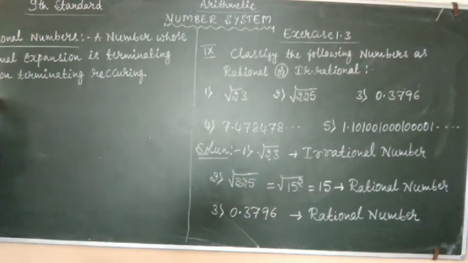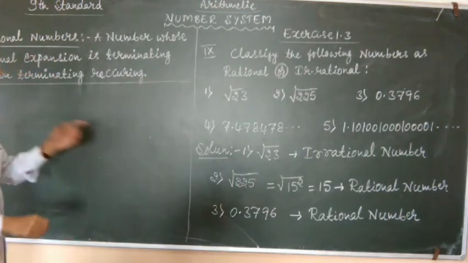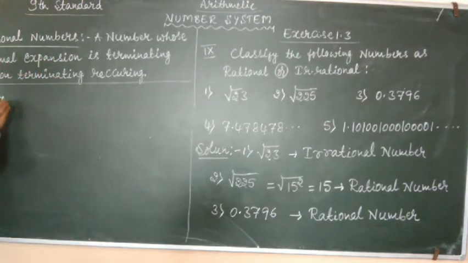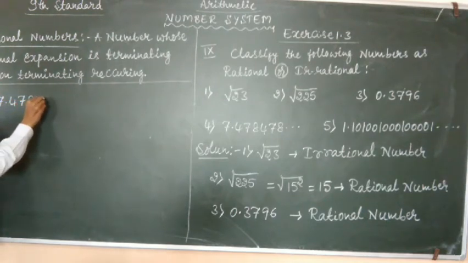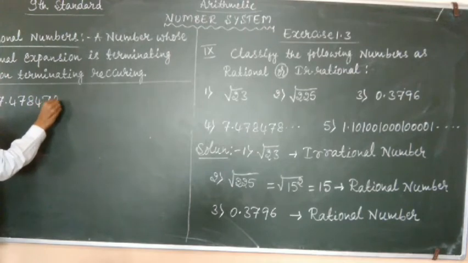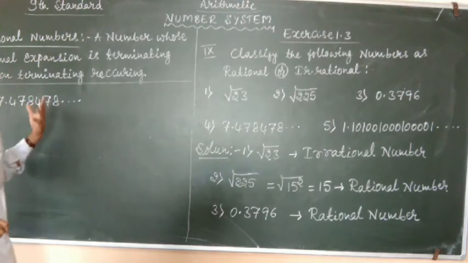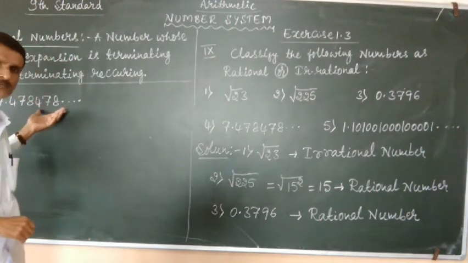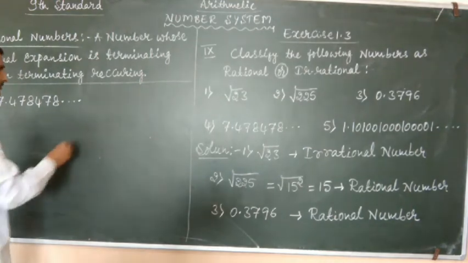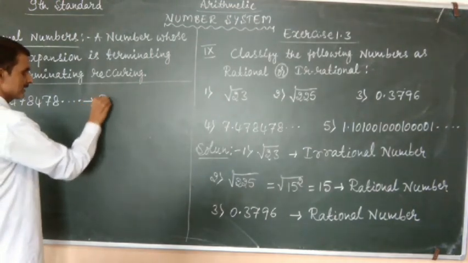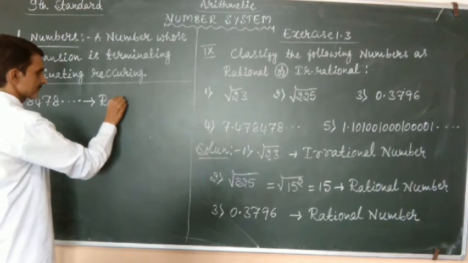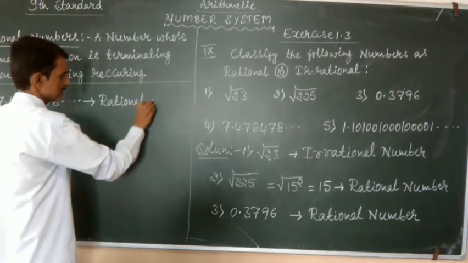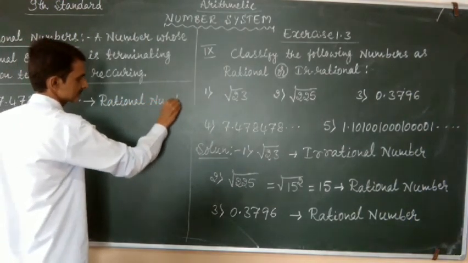The fourth one is 7.478478, etc. This can also be written in the form of p by q. Therefore, it is also a rational number.